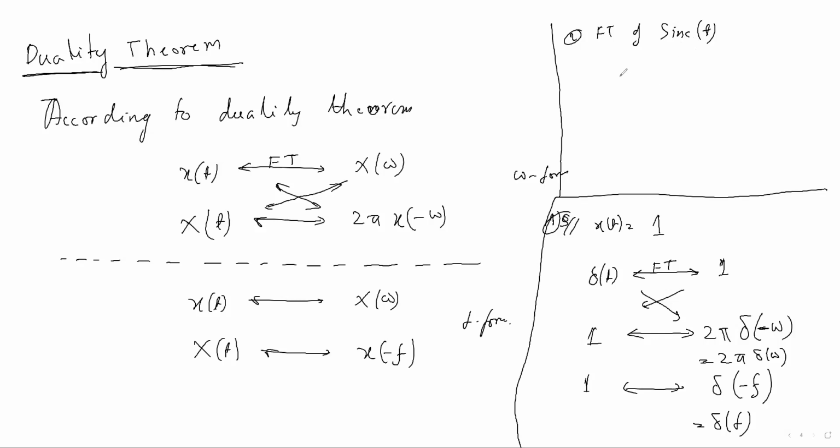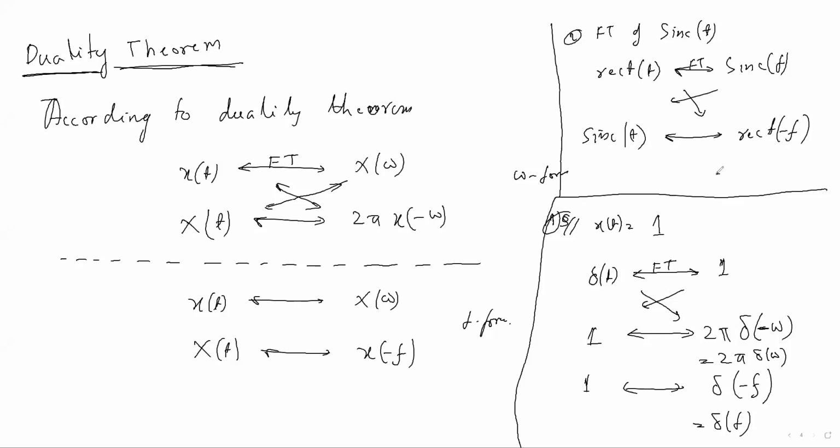By duality you can do it easily, because we know that the Fourier transform of rect t is sinc f. Then if you bring the sinc f and write t in place of f, the Fourier transform is rect of minus f.